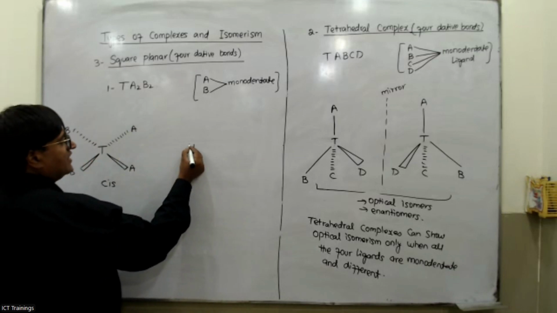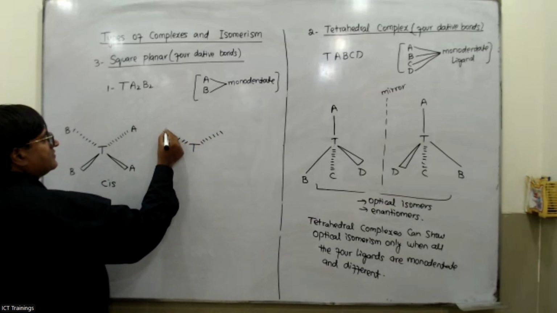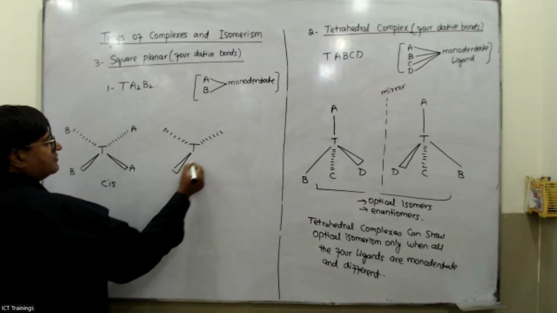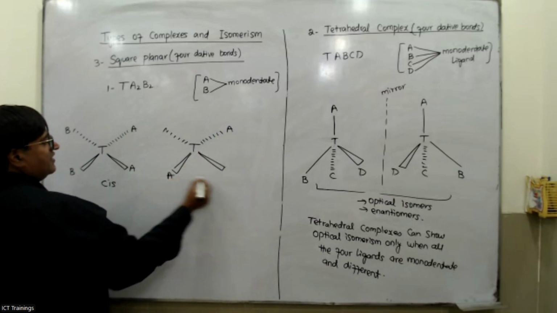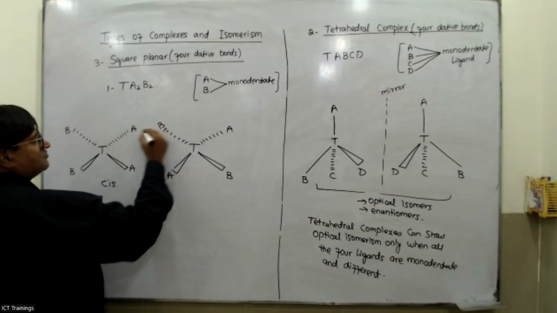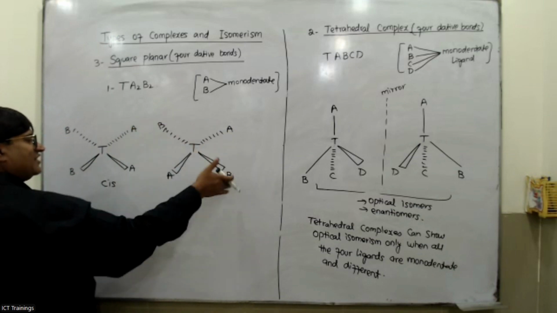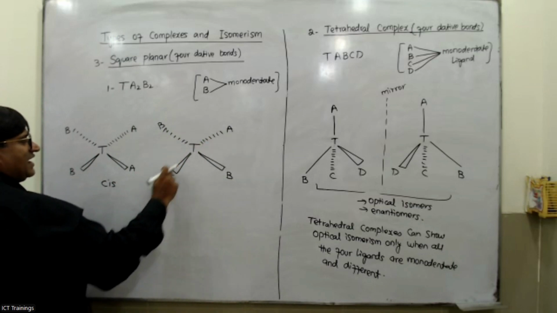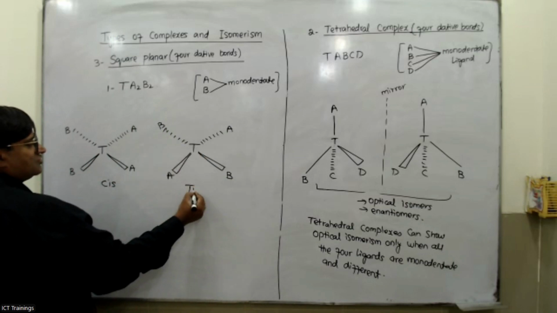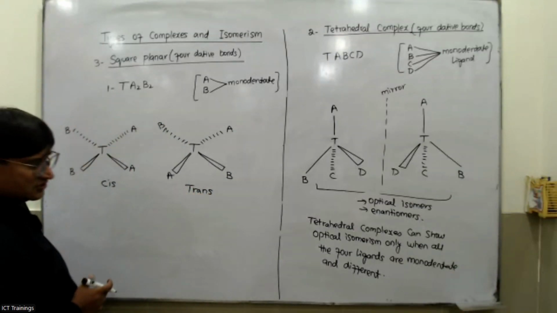If you want to make the trans of it, it would be like this. This is A, this is A, this is B, this is B. If you look from that side or even that side, different groups are present, and the same groups are present diagonally to each other. So this is called trans. This is the first option.